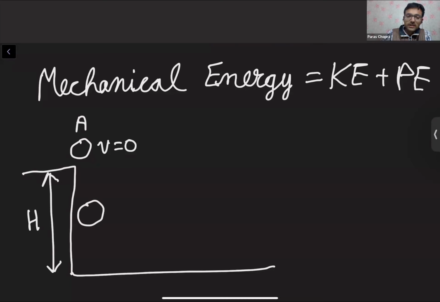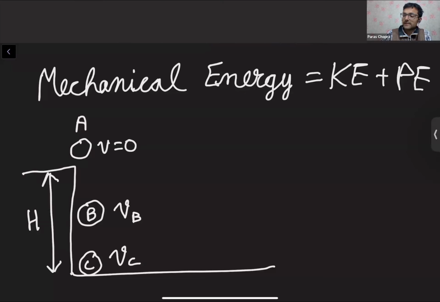So in between, it will reach the midpoint of the building with some velocity VB. And then it will strike the floor of the building. And just before striking the floor, it will have some velocity VC. Okay. So conservation of mechanical energy says that the mechanical energy at point A, B, and C and all other points in between will remain the same.